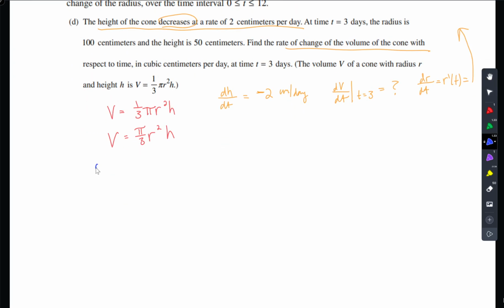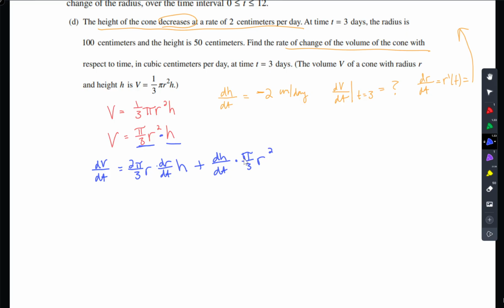So dV/dt equals, and this is product rule: the derivative of the first times the second, plus the derivative of the second times the first. For the derivative of the first, it's 2 pi over 3 r, times dr/dt, because you remember you're doing chain rule on all your variables. And then you're going to go ham on plugging it in.